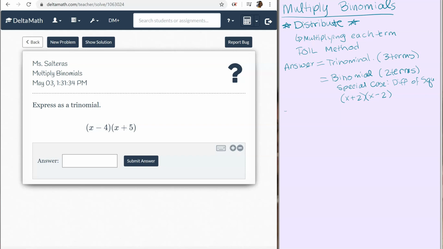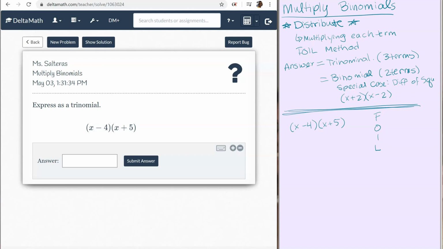Okay, so let's take a look at the first example and break down how to FOIL. We have x minus 4, x plus 5. When we distribute, we want to multiply every term with the other terms. We don't want to double it up, and in this case, if we FOIL, it's going to give us a systematic way of doing the same distribution without double multiplying.